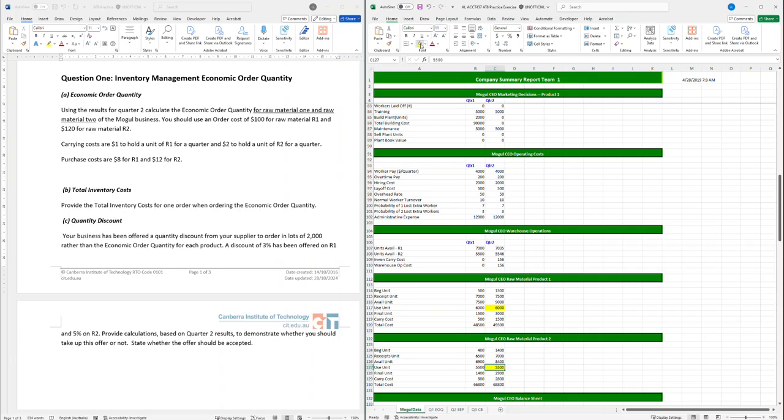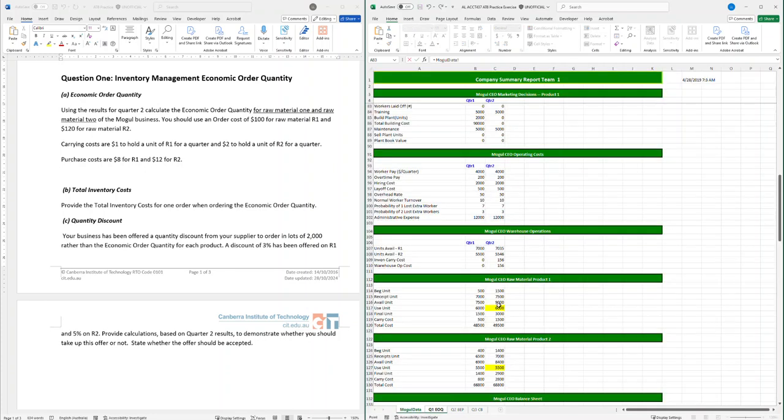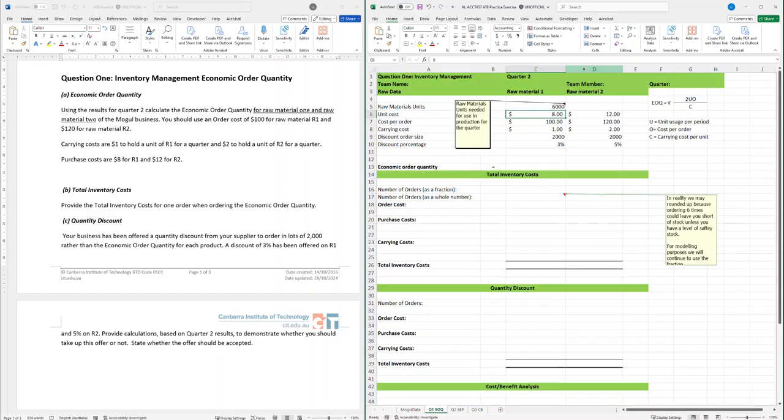Again, we're looking at quarter 2 data only, okay? So going back here, I suggest you use a formula when you can, which is equals to this one, and that equals 5,500.